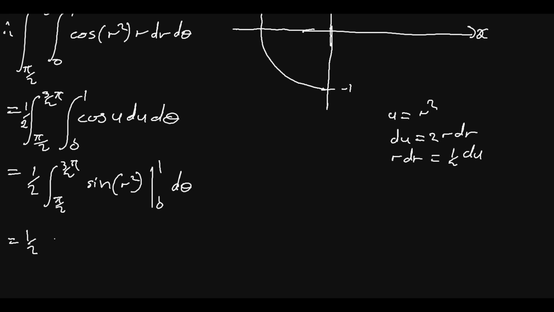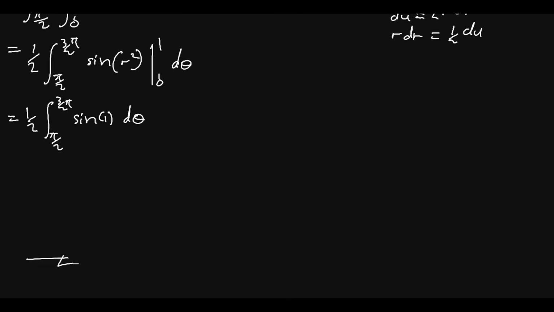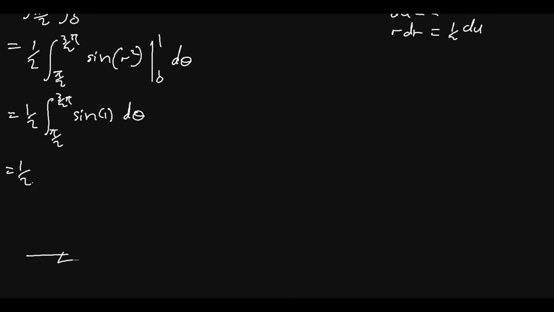So it's sine 1 minus sine 0. Sine 0 is 0, so I will omit it. So we have 1 over 2 sine 1, which is just a constant, times the integral from pi over 2 to 3 over 2 pi d theta.